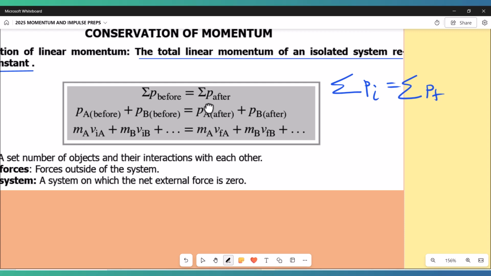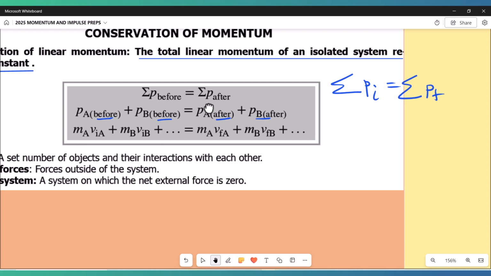So this is before for both of them, then we add, then later we equate to the sum of the momenta after. Or we can say m_A v_iA plus m_B v_iB equals mass of A times v_fA plus mass of B times v_fB, and so on.